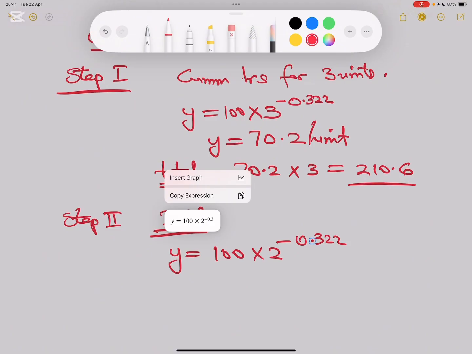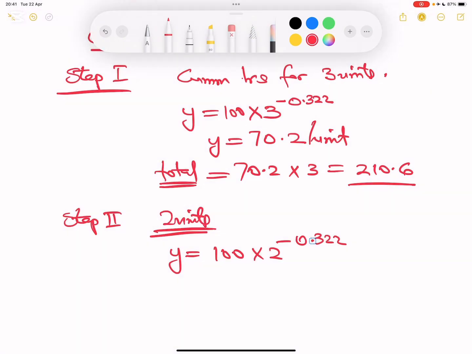So let's see what this will be on the calculator. 2 raised to power minus 0.322. That's 0.7999, that's like 0.8. Then multiply by 100, that equals 79.99. So approximately we can say this is 80 actually.